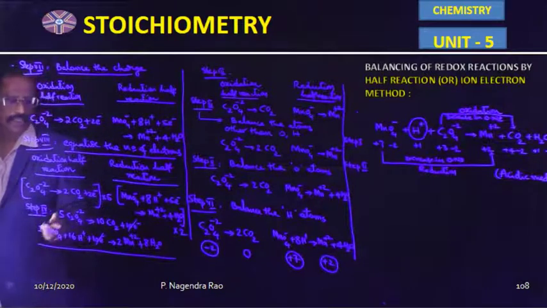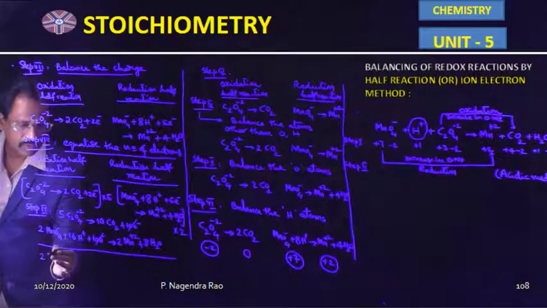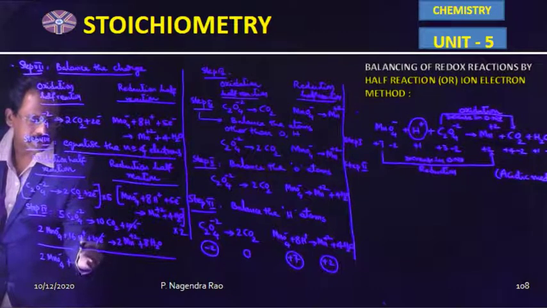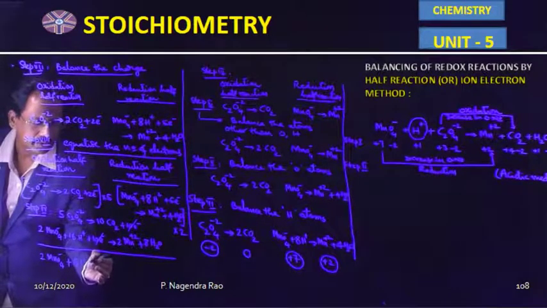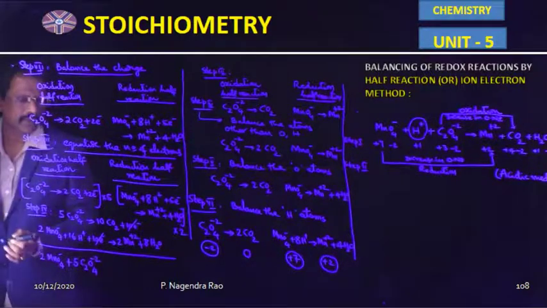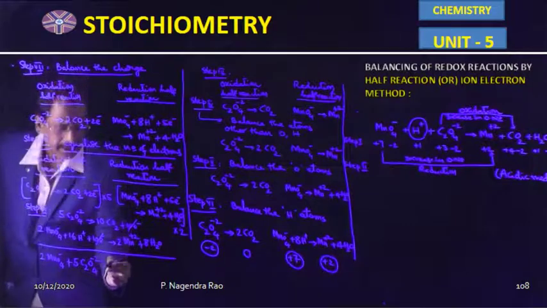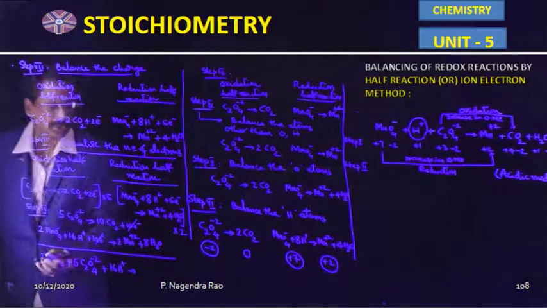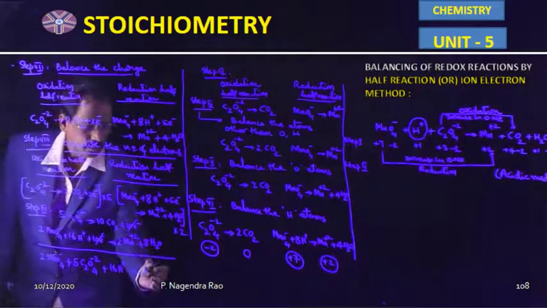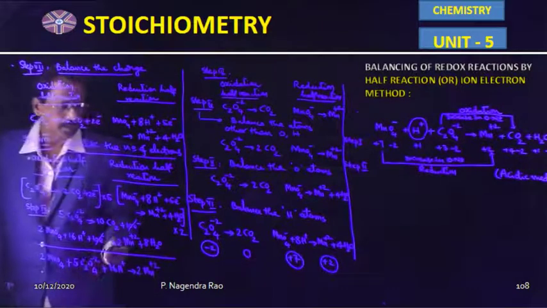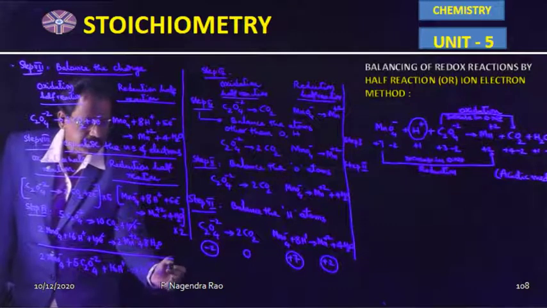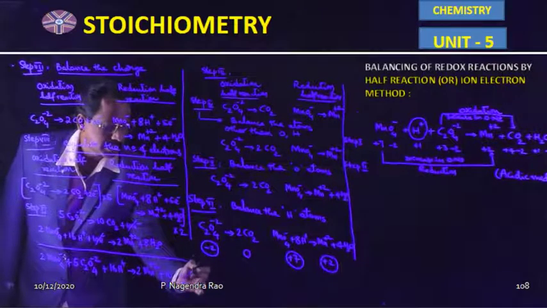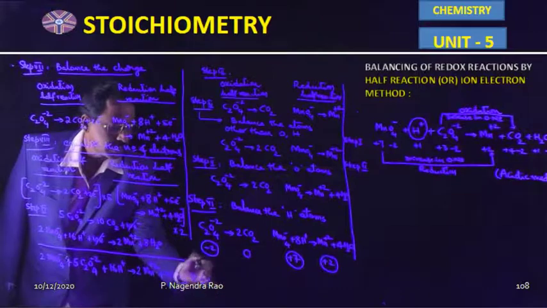Now, the final balanced equation is 2 MnO4 minus plus 5 C2O4 minus 2 plus 16H plus gives rise to 2 Mn plus 2 plus 10 CO2 plus 8 H2O.